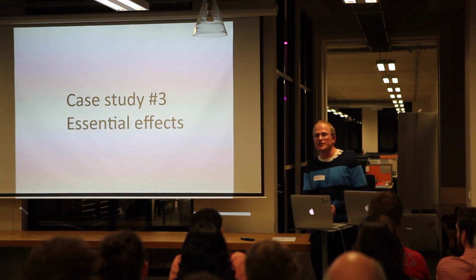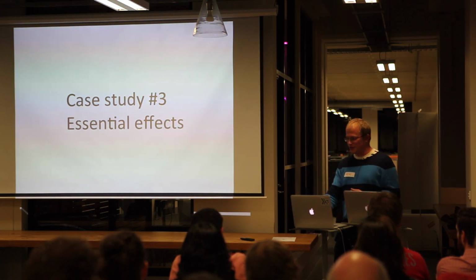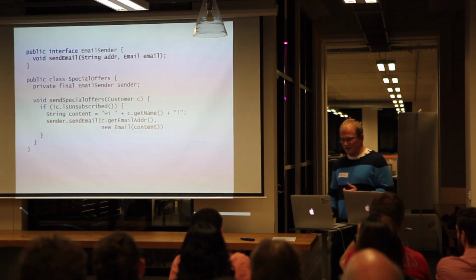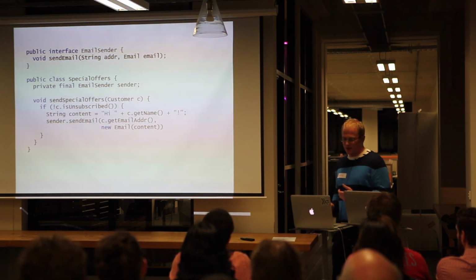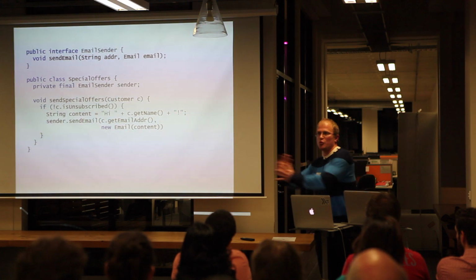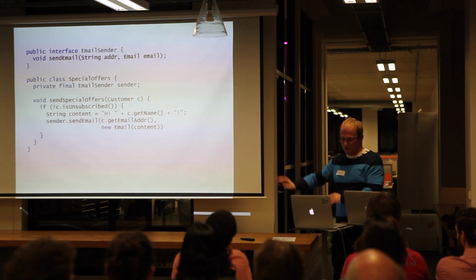So surely we can use mocks here to help us with that. So here's a very simple example. We've got an email sender that actually sends an email. It performs that effect and sends it out over the net.